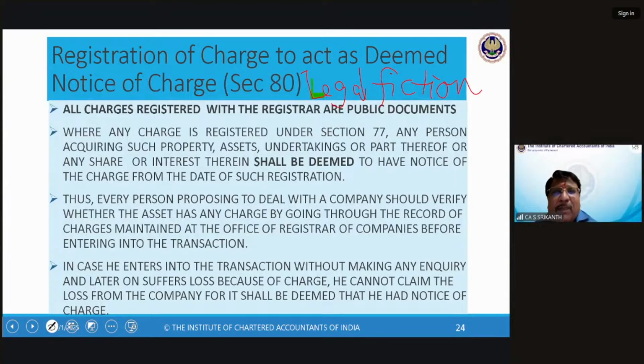So coming back to the point, the law creates a deeming provision and says once any document is uploaded on the registrar's portal, the MCA portal, it is duly registered. That is very important. Sometimes you might upload a faulty document. It may not be registered. Then deeming won't apply.